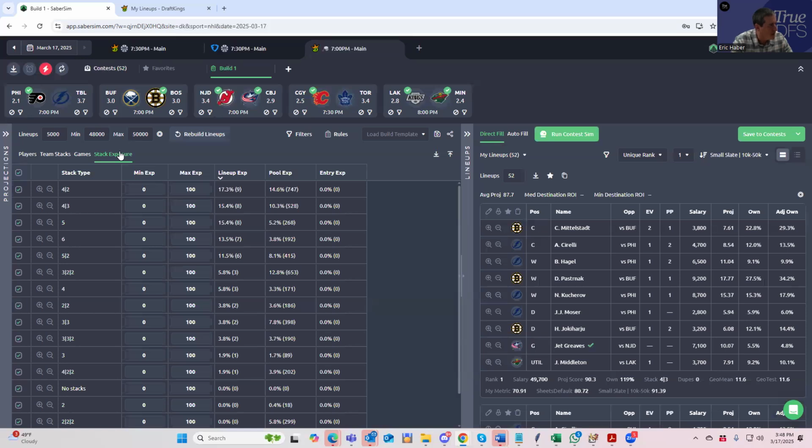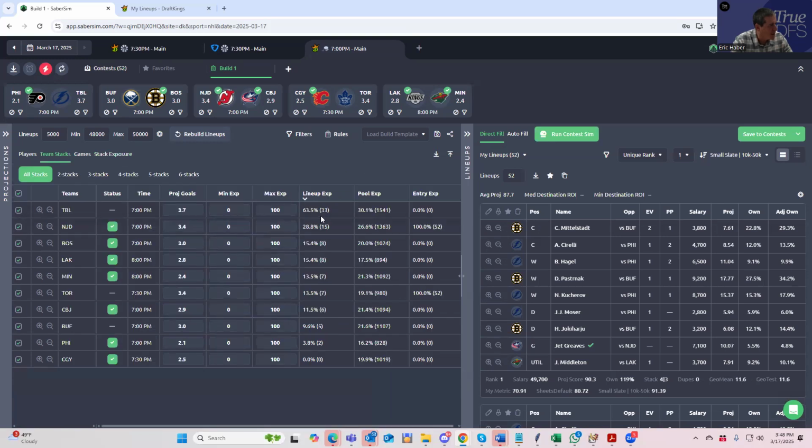So if we do stack exposures, oh, okay. Well, hold on, team stacks. So team stacks, we have 63% Tampa, 28% Devils. Okay. So it's no surprise. And it's very similar to exactly what we did. Okay. Because your original builds using Sabres or whatever, it's going to be based on projections.